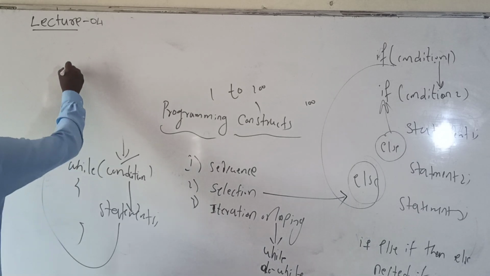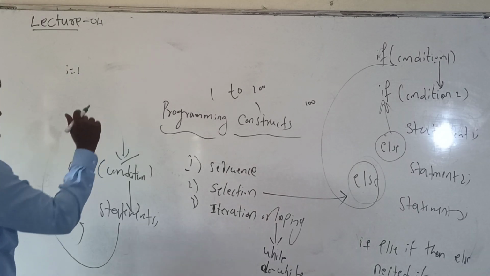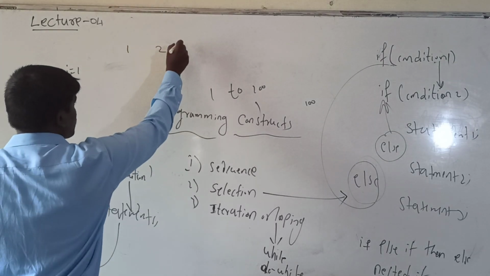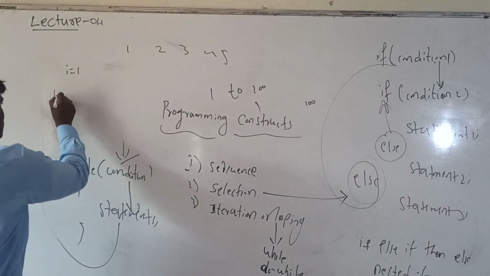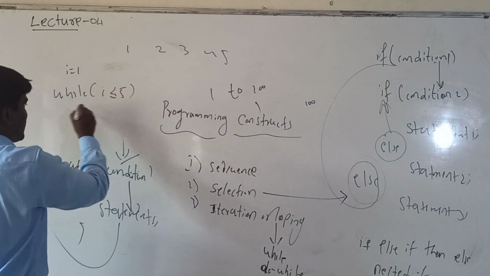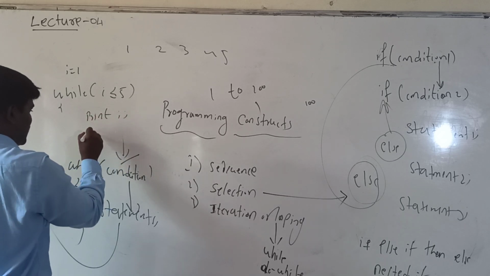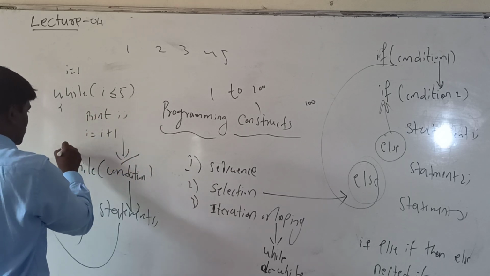Initially I give i = 1. I have to print 1, 2, 3, 4, 5 like this. While i <= 5, print i, i = i + 1.